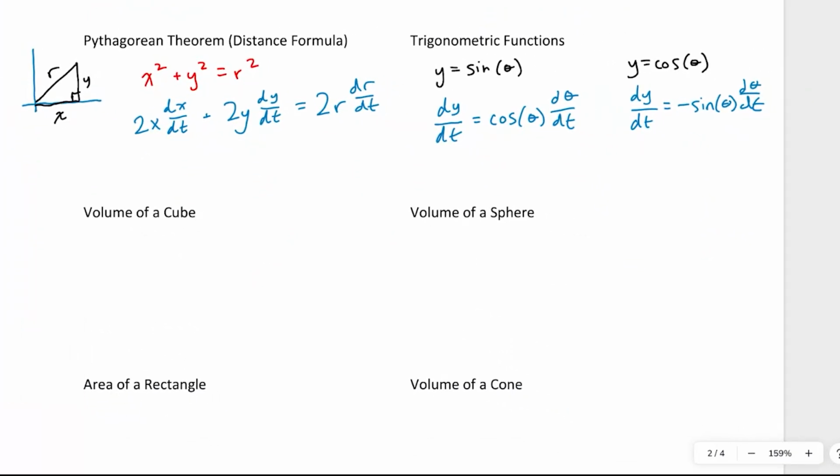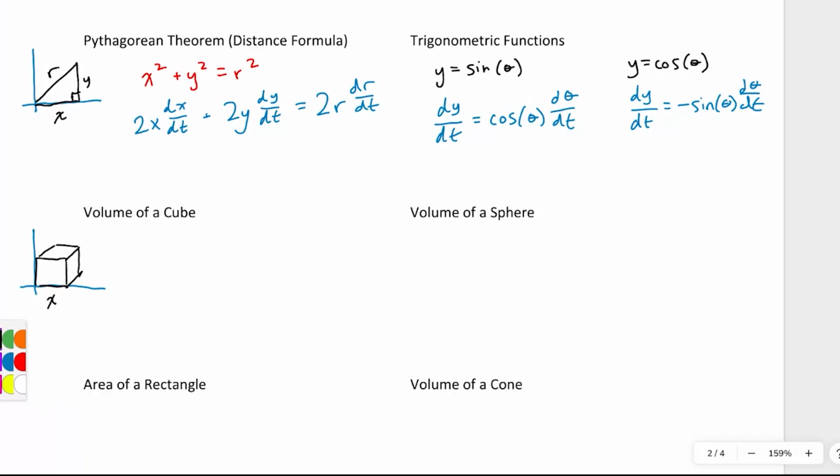All right, volume of a cube. Now we're getting three-dimensional here. So not only do we have a square base, but now we've got depth to this shape. Now with a cube, all the side lengths are the same.